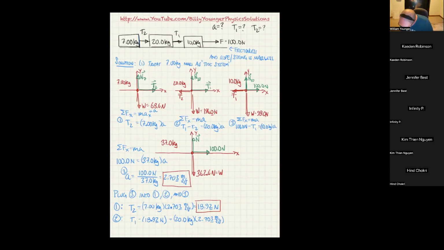So in this case, what I got to do is take that 2.703 and multiply that by 20. And that gives me like 54.05. And then I add 18.92 to it. And that gives me 72.97 newtons for that one.